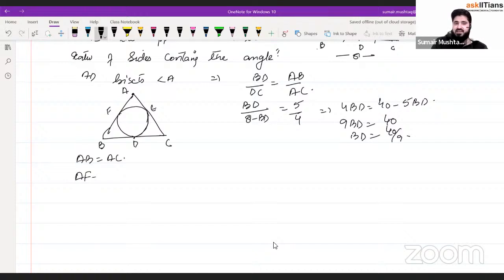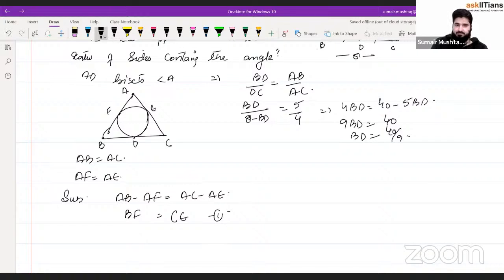So can I say AF is equal to AE? Subtract both of them. So I will say AB minus AF is equal to AC minus AE. So I will get BF is equal to AC minus AE, which is equal to CE, isn't it? Take it first.